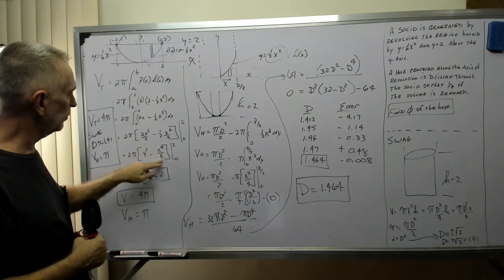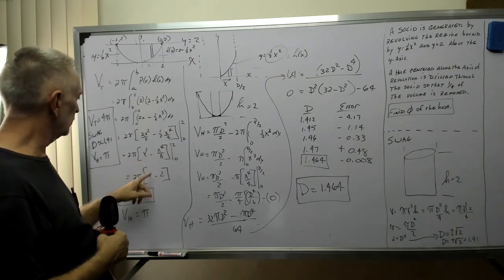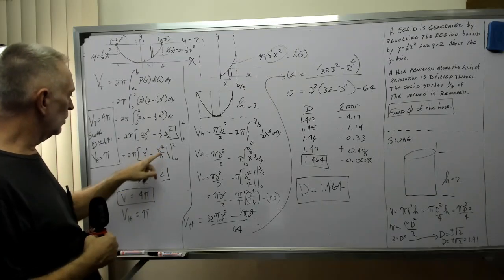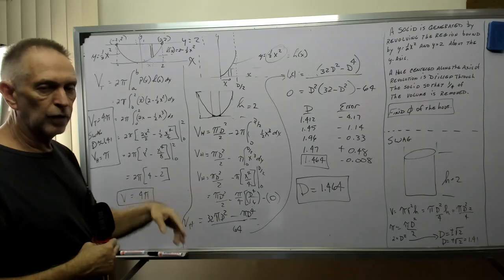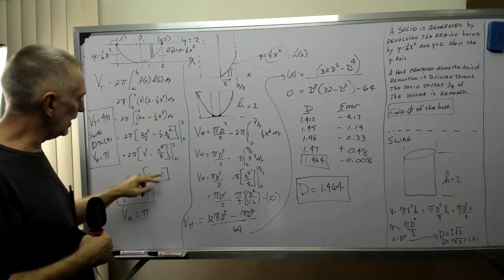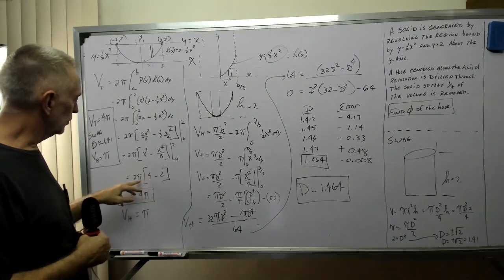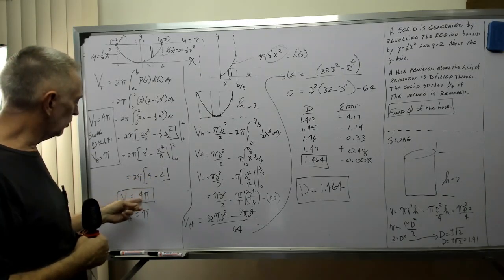Excuse me, 2 times 4 is 8, from 0 to 2. Now if I plug in the numbers, 2 squared is 4. 2 to the 4th, 2 times 2 is 4, 4 times 4 is 16, 16 over 8 is 2. So now I have 4 minus 2 is 2, times 2 pi gives me 4 pi.